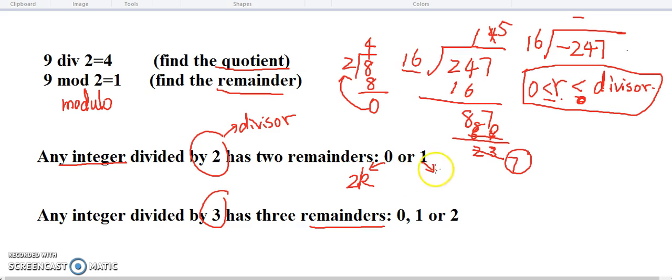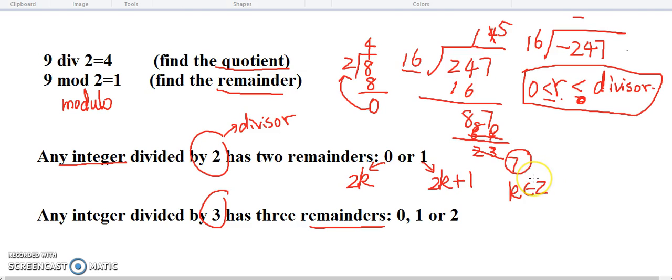And if the remainder is not 0, it's 1, then we know that 2 does not go into that number, and that has a remainder 1, which means this number must be a multiple of 2 plus 1 or minus 1. And so in this case, we can divide all the integers into 2 categories, 2k or 2k plus 1. Of course, k here is an integer.